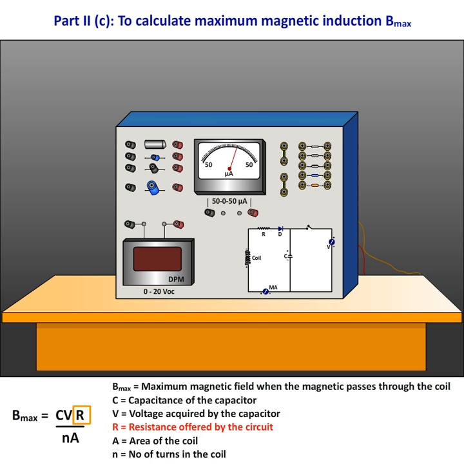In this section, we will calculate the magnetic induction by using the formula as mentioned on the screen. For this experiment, we use the same circuit as mentioned in the previous parts and take about 5 to 6 different values of R, the resistance, and measure the induced EMF.